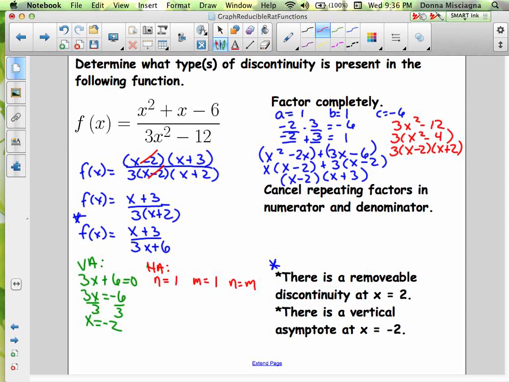So now the horizontal asymptote is just going to be the ratio of the coefficients. So y is going to be equal to 1/3, our horizontal asymptote. Since n equals m, it is the ratio of the coefficients.